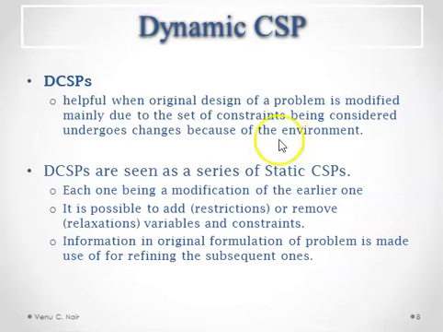With those changes, the set of rules also get changed. So we have to modify the problem. Problem modification means we have to make changes to the constraints also. So in that case, we can say that DCSPs, dynamic CSPs, can be seen as a series of static CSPs.